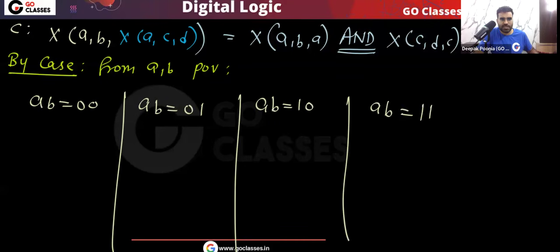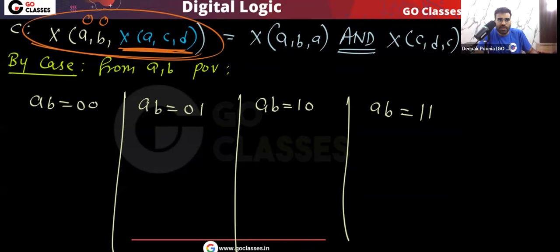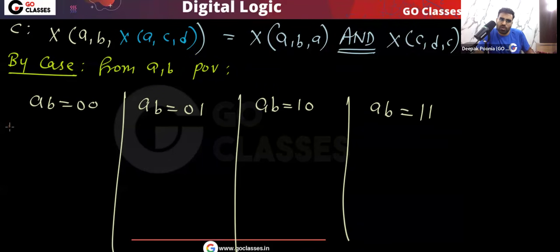Okay, now let's see here. When AB is 0 0, then what will be this LHS and what will be RHS? I will try to find counter example. Remember, for every option, I'm trying to find counter example. Okay, so you can see where AB is 0 0. Now, whatever this third component be, this LHS definitely will be 0. Yes or no?